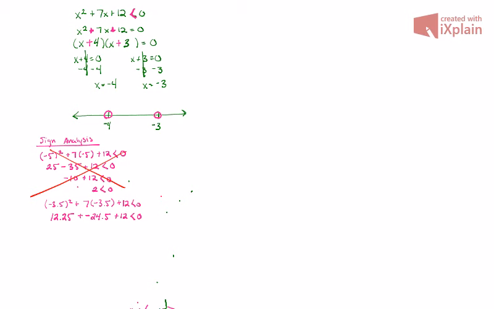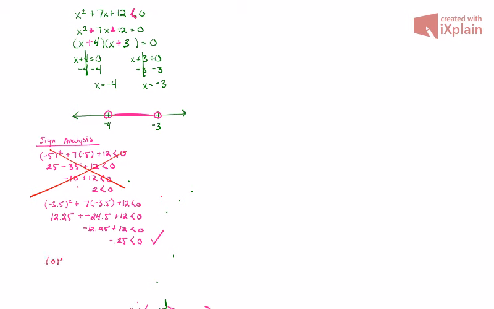If we combine those first 2 terms, we get negative 12 and 25 hundredths plus 12 is less than 0. And then if we finish off that addition, we would get negative 25 hundredths is less than 0, which is a true statement, which means that I'm okay to shade in between negative 4 and negative 3.